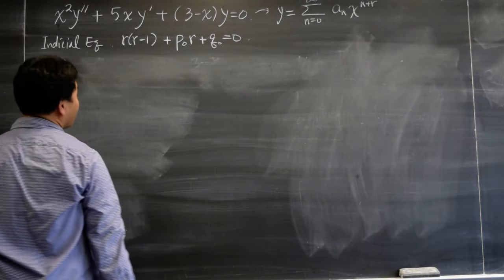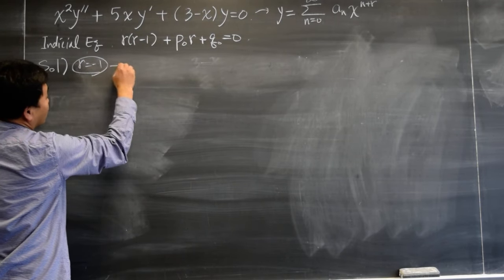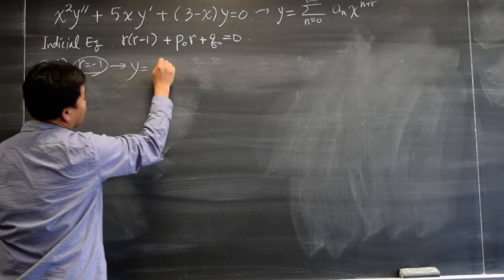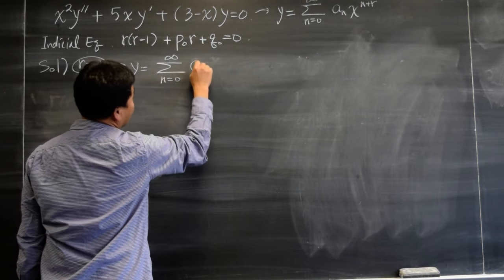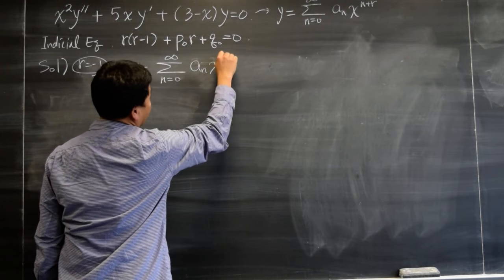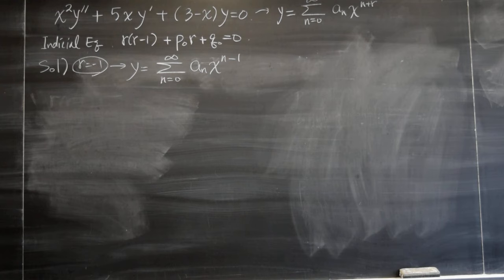So we're going to set r as -1, so that y is sigma n from 0 to infinity of a_n x to the n minus 1. Choose the higher number: -3 and -1, -1 is bigger than -3. You choose the higher number.